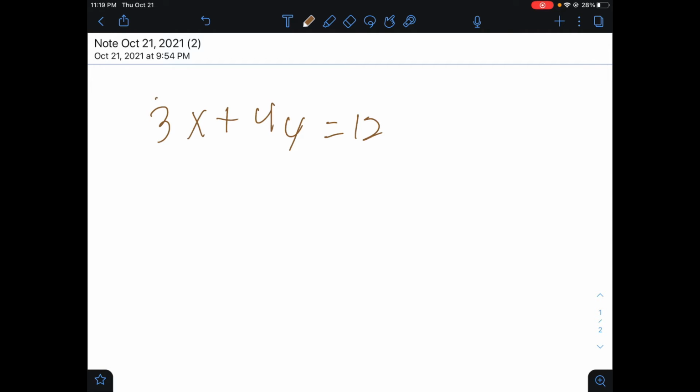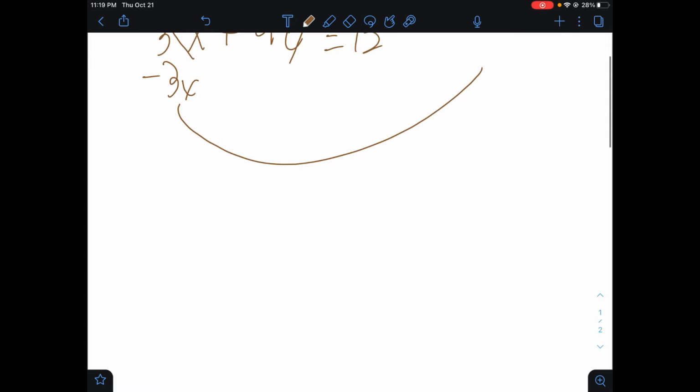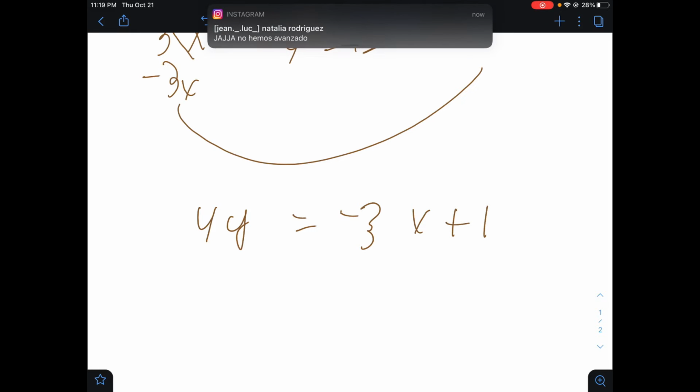I'm gonna cross out 3x and subtract 3x to leave the 4y alone. I'm gonna pass it to the other side, and that equation is gonna end up 4y equals negative 3x plus 12.